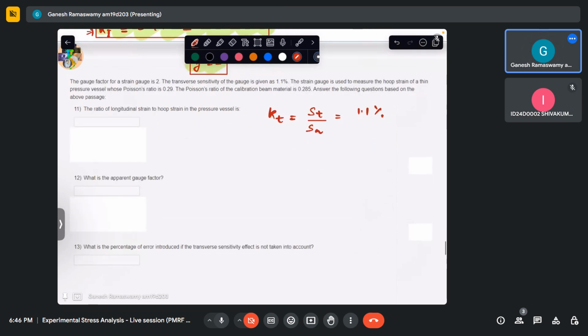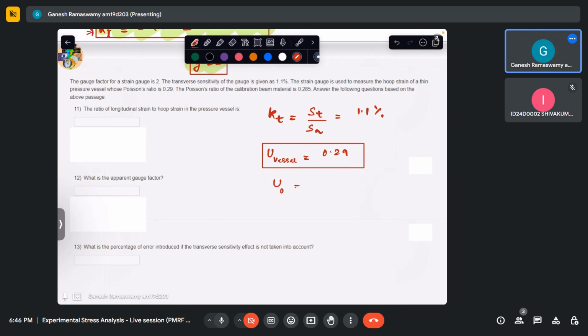The strain gauge is used to measure the hoop strain of a thin pressure vessel whose Poisson's ratio is 0.29. So mu of the specimen, or the vessel, is 0.29. This is given. The Poisson's ratio of the calibration beam material is 0.285.